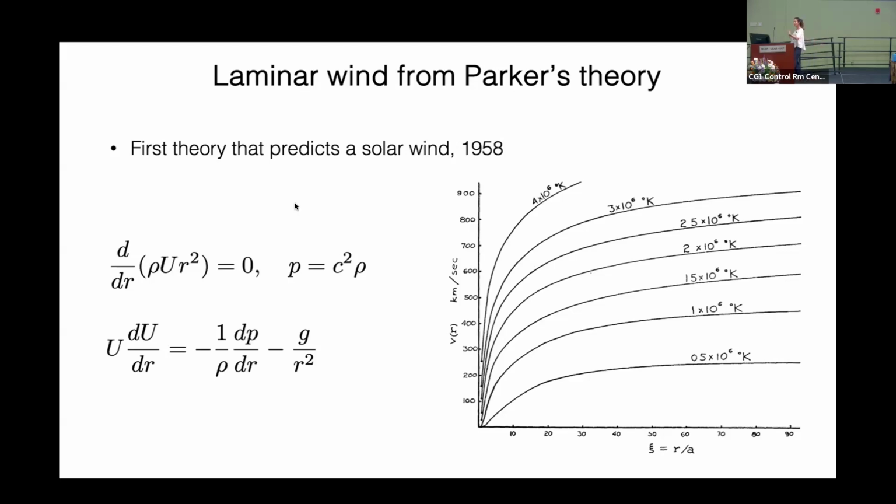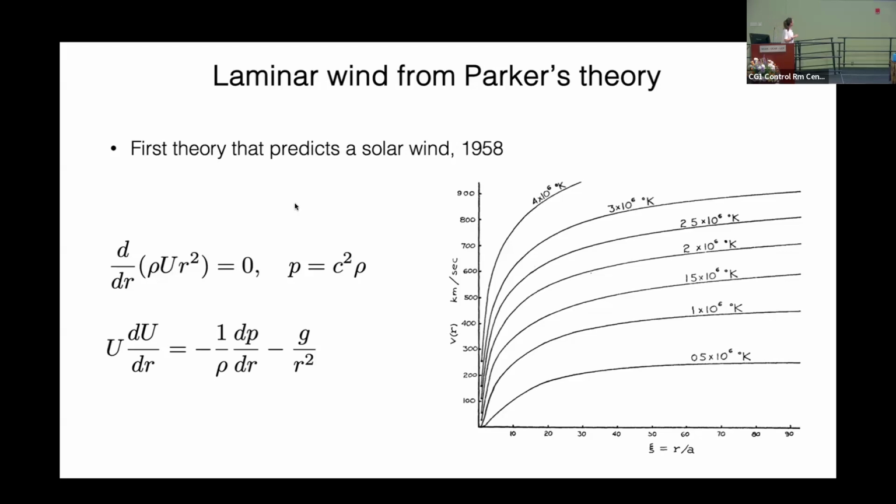Parker put forward the first theory of a solar wind, starting from the steady state equations of conservation of mass here, and the momentum equation is the second equation in this slide. Rho is the mass density, U is the flow velocity, P is the pressure, C is not the speed of light, here is the sound speed, G, the gravitational attraction of the sun, R, the radial distance from the sun.